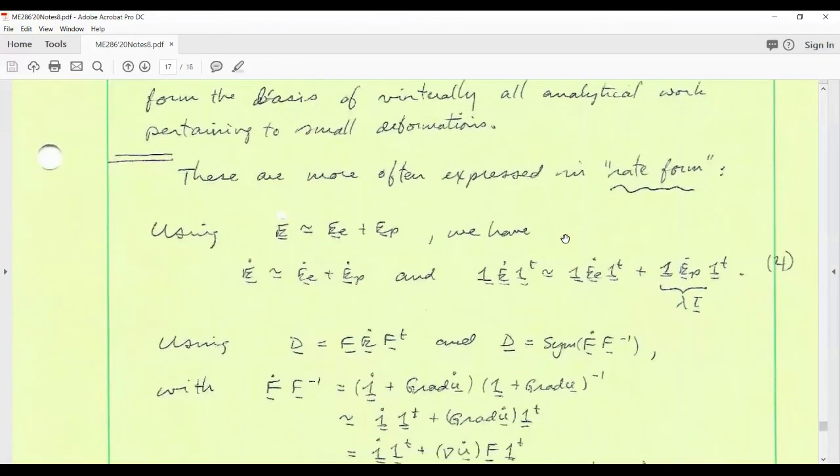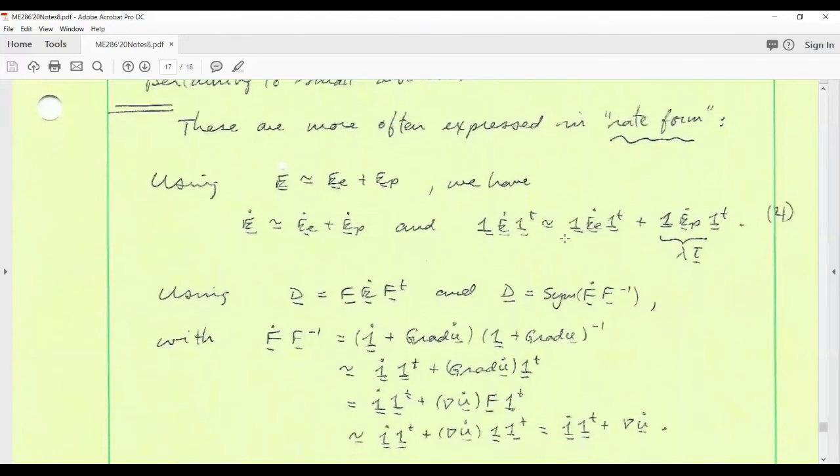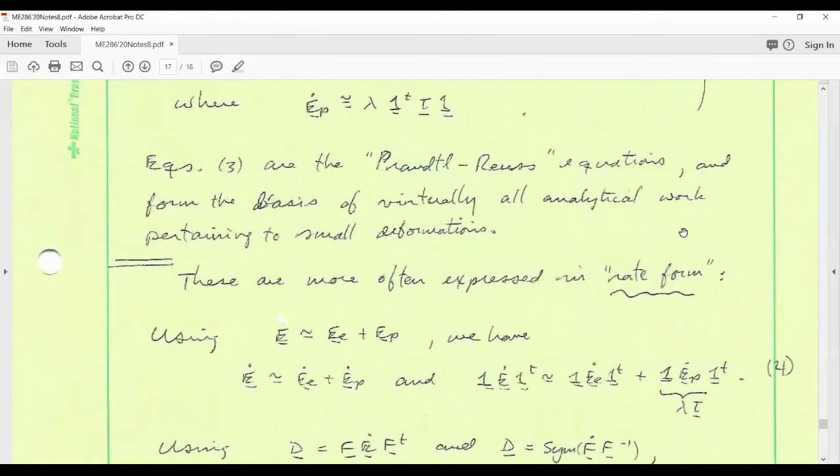So in order to make contact with most of the literature, let's see if we can extract a rate form of the equations. So we start with this approximate decomposition that we indicated. Suppose this is uniformly true for all time. We can take a derivative of it and shift it. The purpose being, we can then use this flow rule.